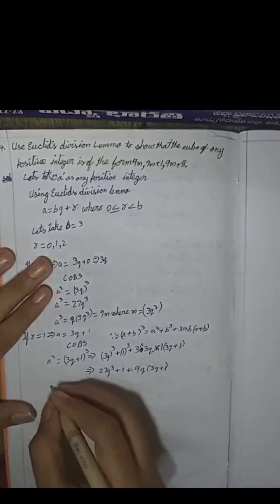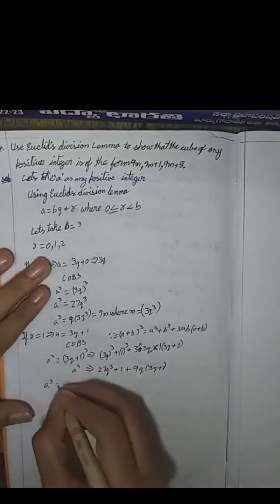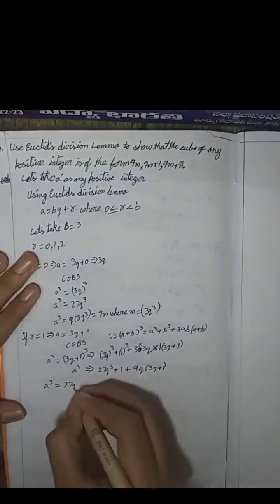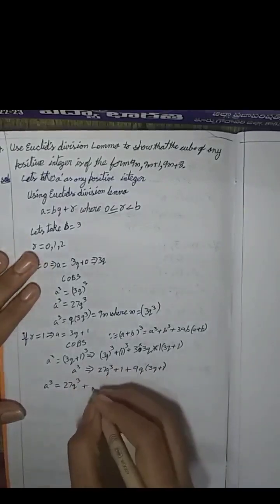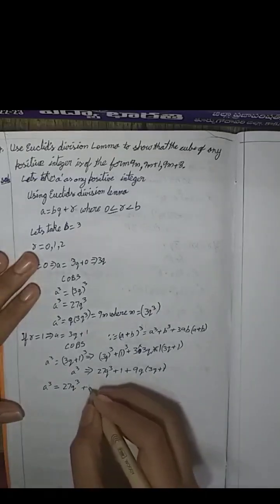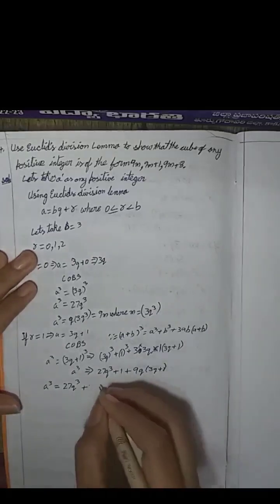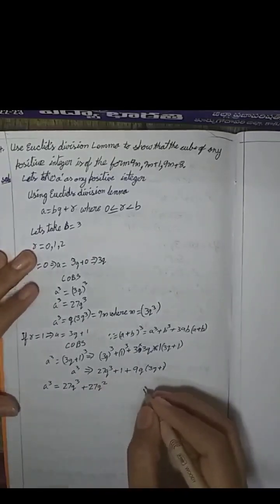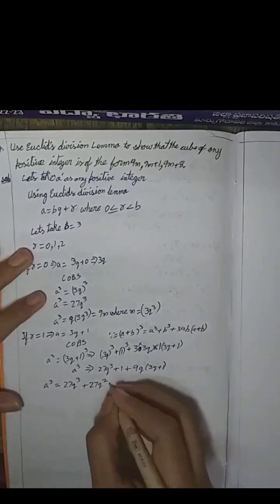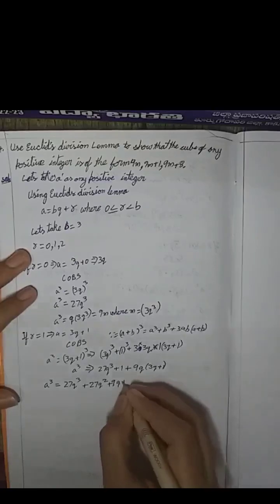Then we get a cube is equal to 27q cube plus 27q square plus 9q plus 1.